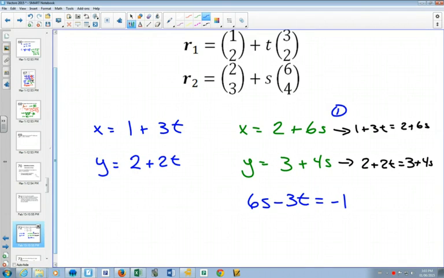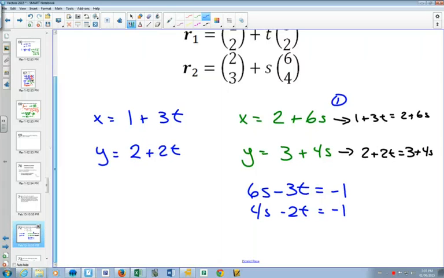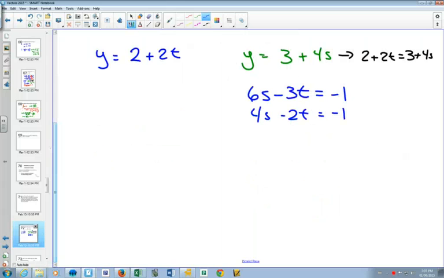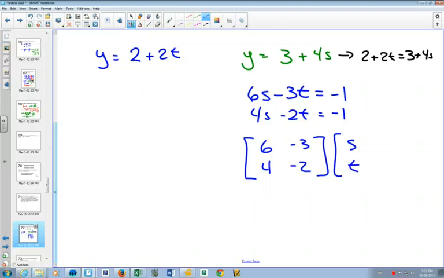And on my second one, I'm going to have 4s minus 2t equals negative 1. If we wanted to set up a matrix equation for this: 6, negative 3, 4, negative 2, times s, t, equals negative 1, negative 1.